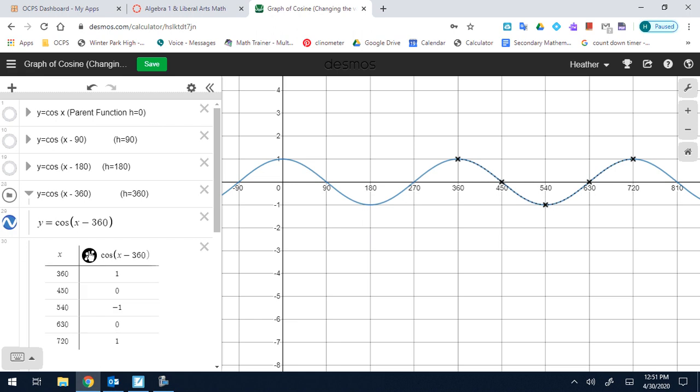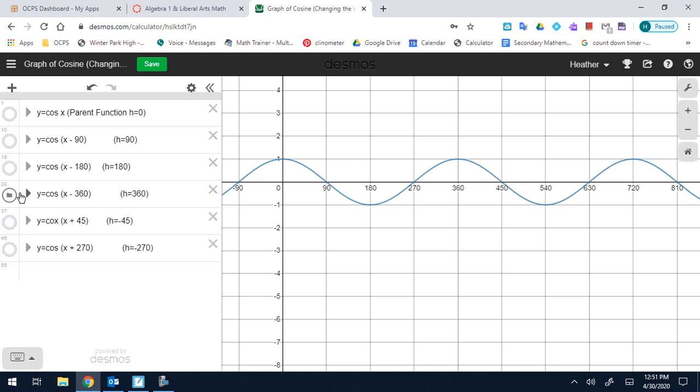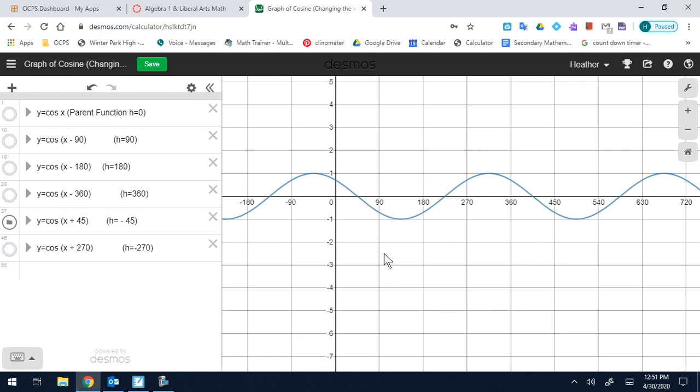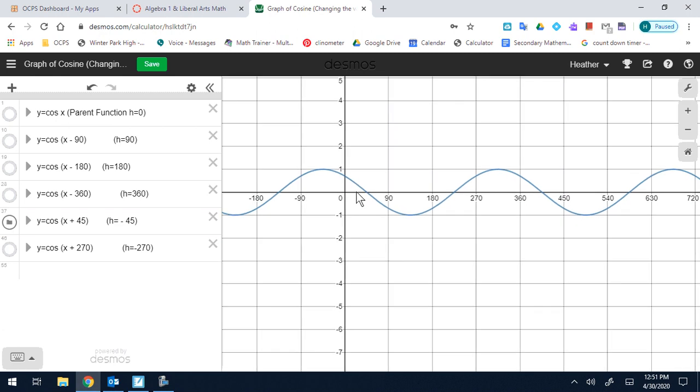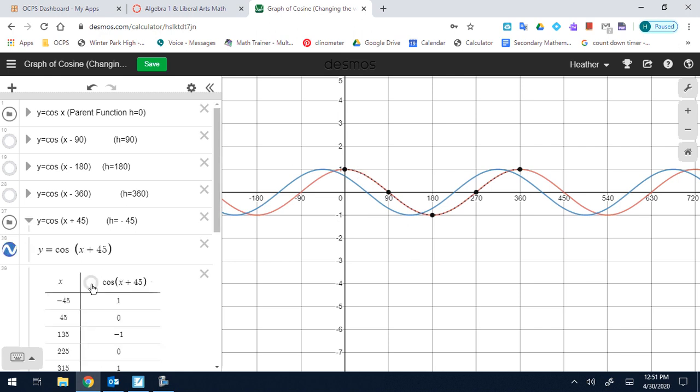Okay, let's take a look at going to the left. So notice this time, that should say cosine of x plus 45. So this time our h is negative. H is -45 because it's x minus h. So notice what this does is it shifts us to the left 45 degrees. So there's cosine. I'm shifting to the left 45 degrees.